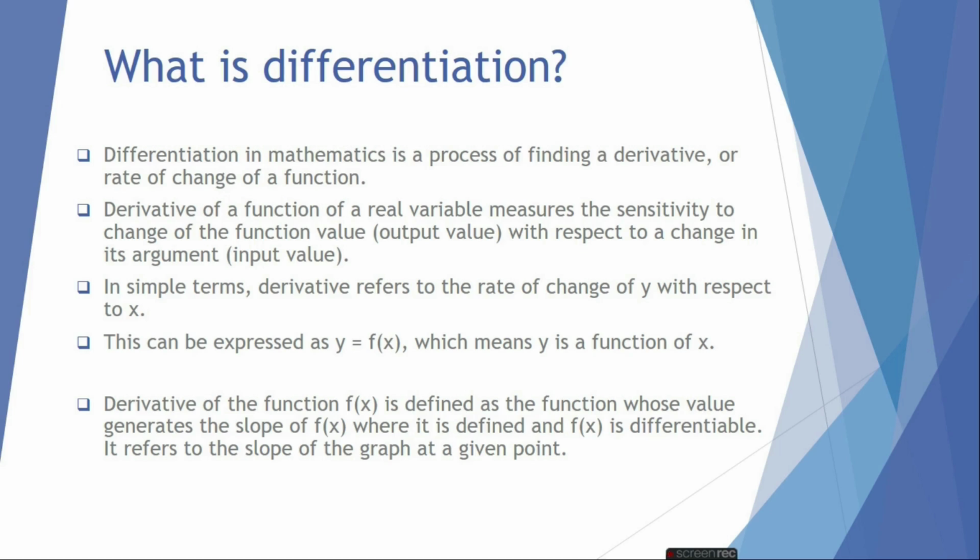This can be expressed as y equals f(x), which means y is a function of x. The derivative of a function f(x) is defined as the function whose value generates the slope of f(x), where it is differentiable. It refers to the slope of the graph at a given point.